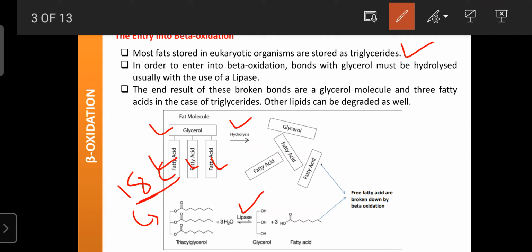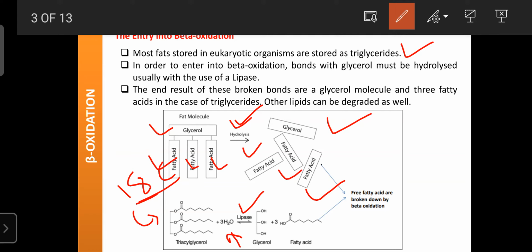This hydrolysis occurs in the presence of lipase as well as water. With the addition of 3 molecules of water to the triglycerol, hydrolysis of the triglyceride occurs, and then the glycerol and free fatty acids are separated.